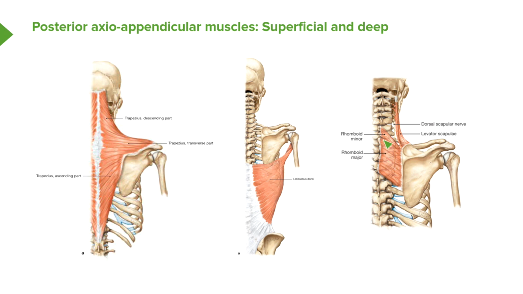We have rhomboid minor, which lies most superiorly, and we have rhomboid major, which lies inferiorly. And sometimes you can make out a separation of these muscles, but in most cadavers, the separation is actually quite difficult to see. But you have rhomboid minor and rhomboid major. Here we can see passing upwards towards the skull, we have levator scapulae, and that's important in helping to, as its name suggests, elevate the scapula.